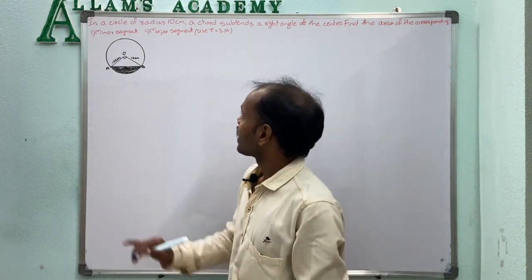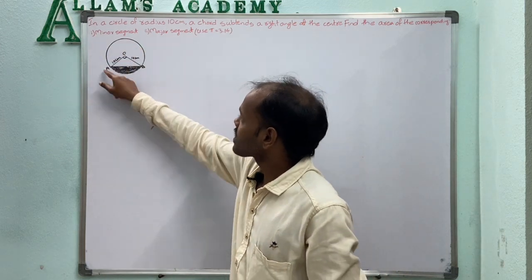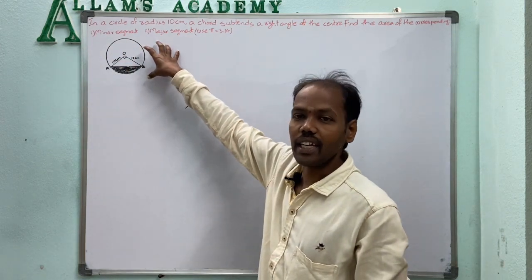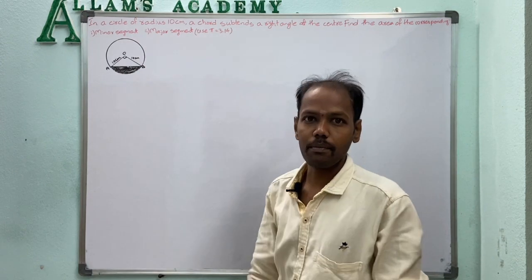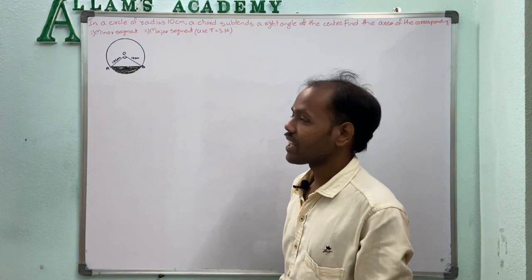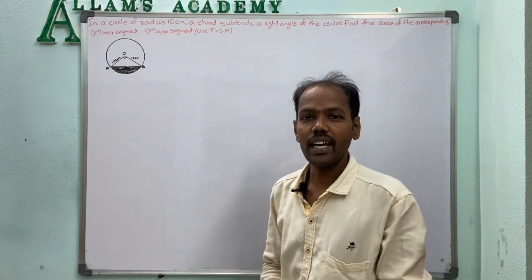Next, for getting the major segment, we find the total circle area, and subtracting the minor segment area from the total circle area gives the major segment area.